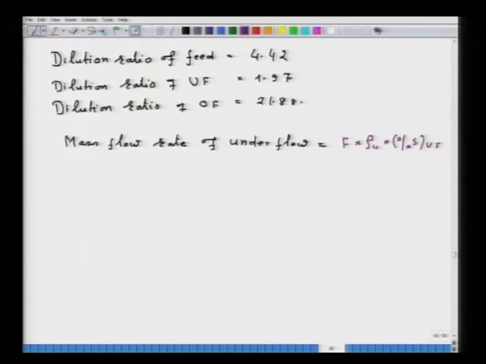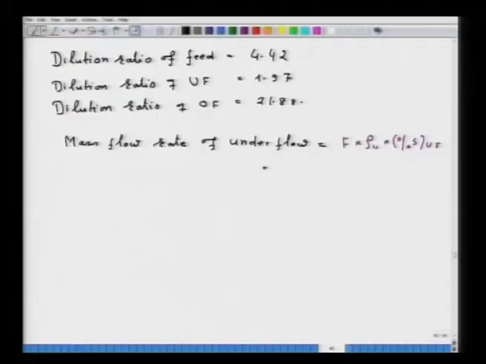Here naturally we have assumed that the density of the solid does not change in the underflow or overflow, it remains the same. So, if we solve it, that will be equal to 3 upon 4 into 3600 into 1290 into 0.3372. So, that gives 1172 kilogram per hour.